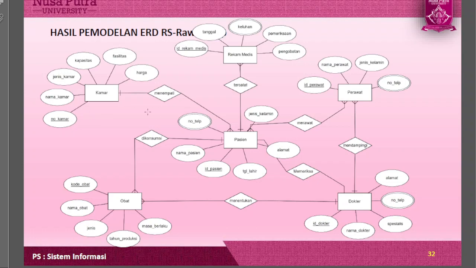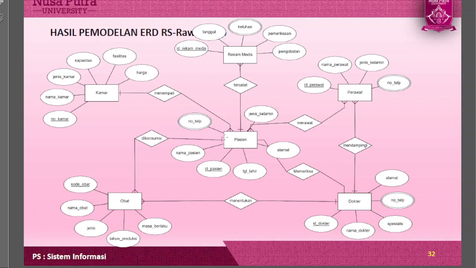And the last one is really important, the number of the room. Yes, the patient is connected to the room. In Indonesia we call it menempati. Pasien menempati kamar. So that's why the relation means menempati, stay in the room.